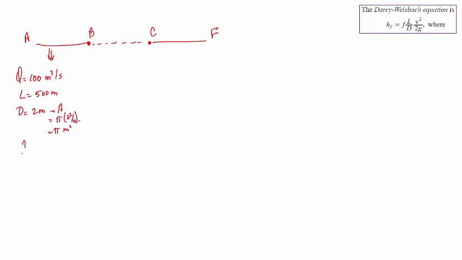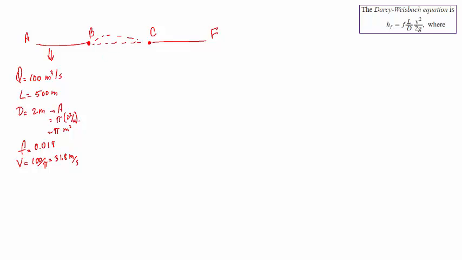The friction factor is 0.018, and since I have the flow rate and the area, then the velocity is 100 over 3.14, so it's 31.8 meters per second.